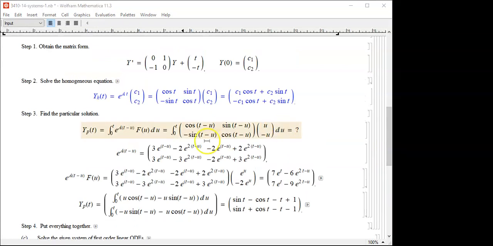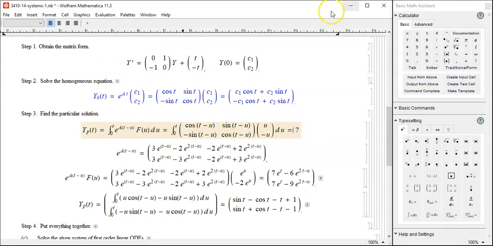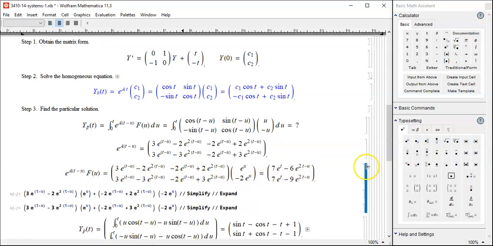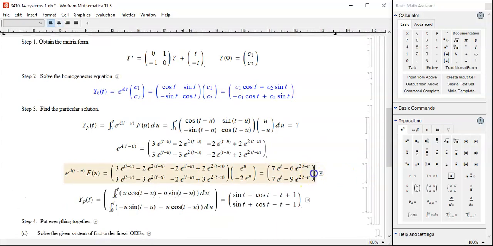Okay, basically we want this integral computation, e to the A (t minus u) power, and then times f. If you calculate, we get this, and of course this is a tedious computation, so as you can see, I used a Mathematica command for that. And now that I have the integrand, calculate the antiderivative.